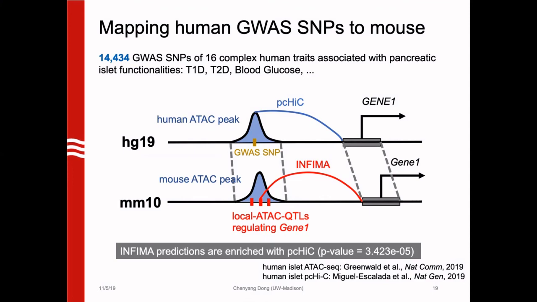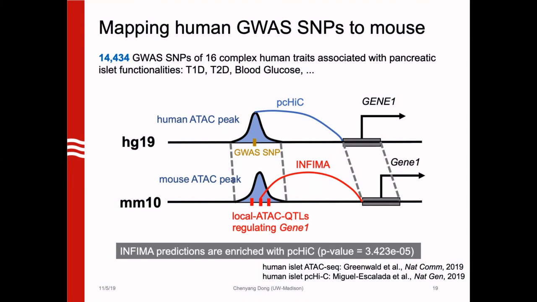And here, the mouse ATAC peak can cover several SNPs that are correlated with the ATAC signal. And these local ATAC QTLs predicted by the INFIMA model can be linked to a gene. So say a gene is linked to a mouse ATAC peak. And this gene is not necessarily the nearest gene.